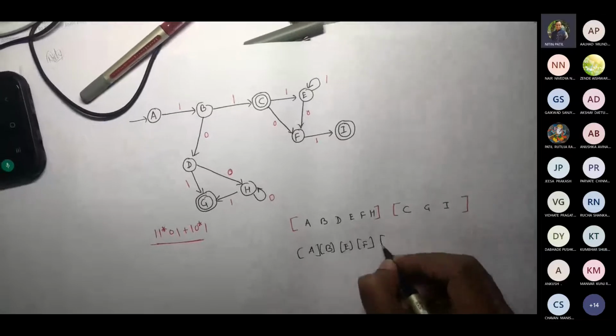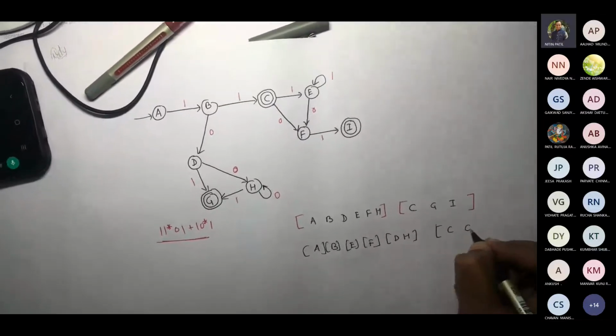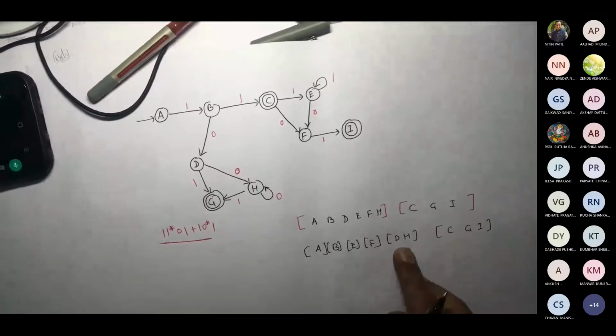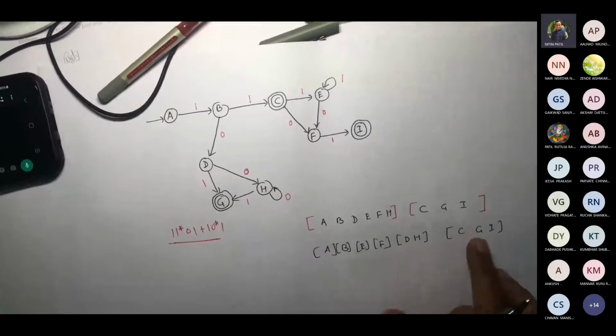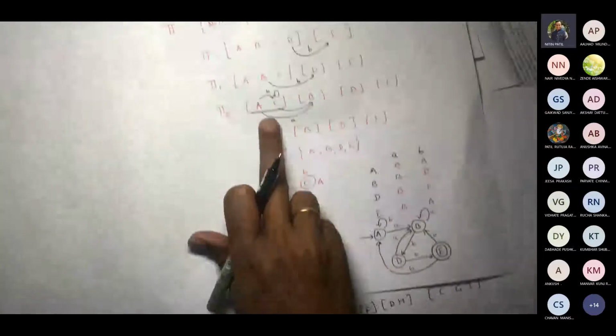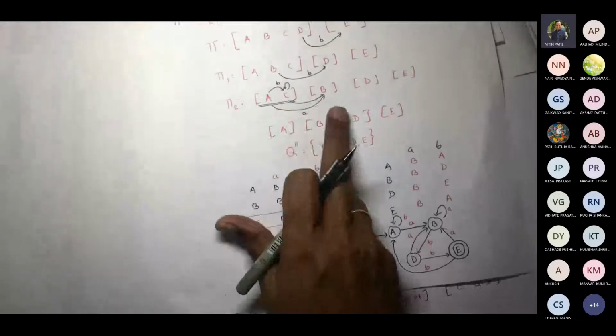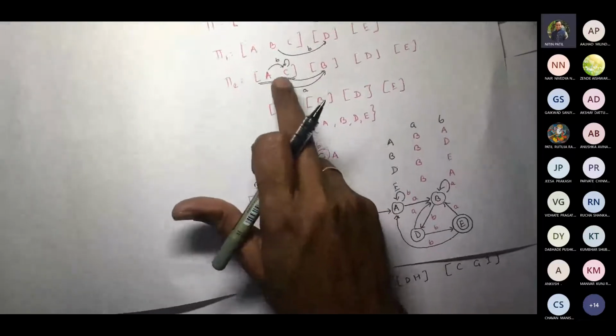Fine. Now DH, I will take them in one, and then I have CGI. So DH, can I separate? No, because they are pointing to the same. For one input, it is similar to the example that we saw here. For A and C, for one input we were going outside, and for the other input it is remaining in the same group.